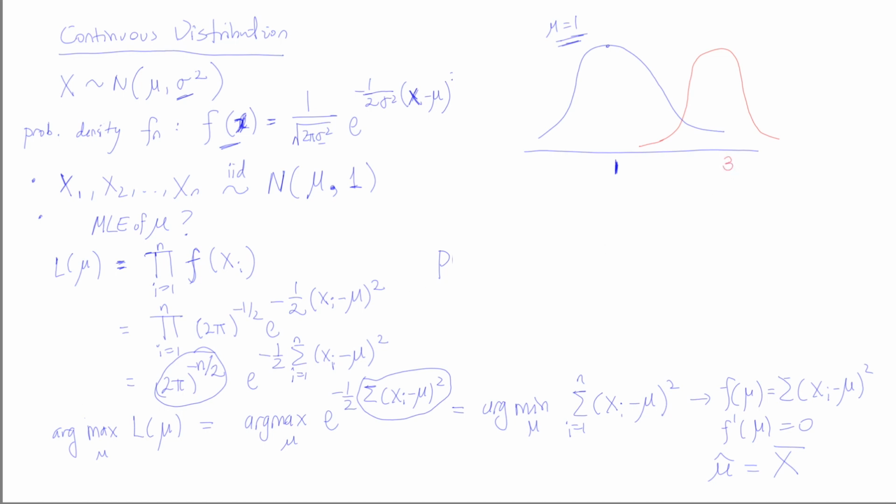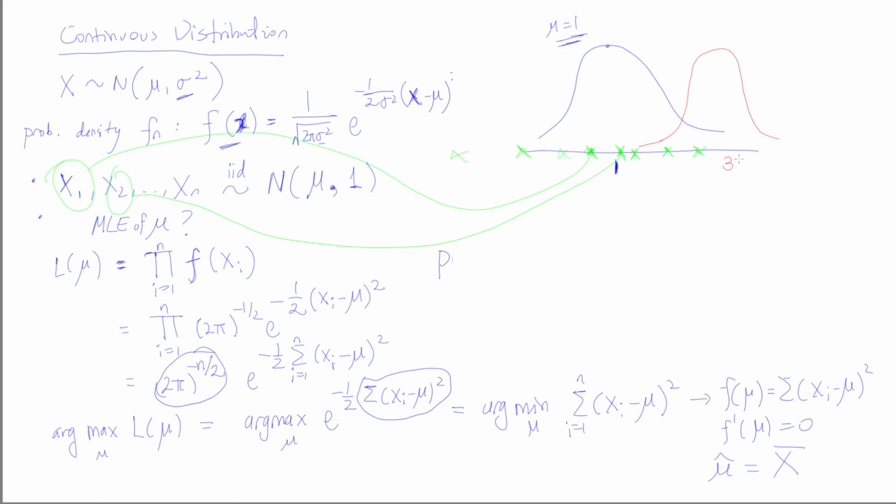Okay? And, well, if the true value is 1, a lot of your xi's, like let's say x1, is going to be here. And maybe your x2 is going to be here. Okay, you're going to see a lot of values like this, maybe a value here, maybe a value even up here, a value here, a value here.